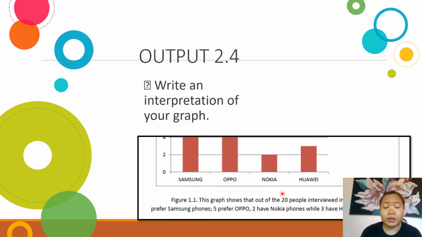Blank number of people like Samsung phones, 5 prefer Oppo, 2 have Nokia phones, and this information can be seen in the chart, no? So if you say 2 like Nokia, you can really see that yes, 2, this one has 5, this one has 4, this one has 10. Okay? So, very simple. Just make it very simple.